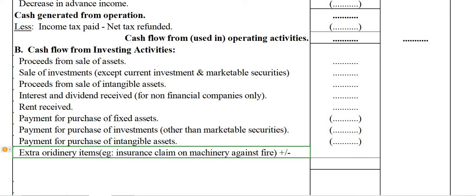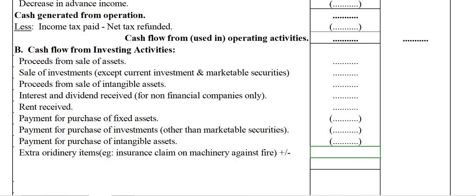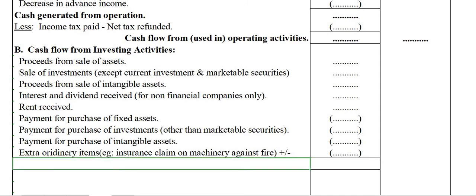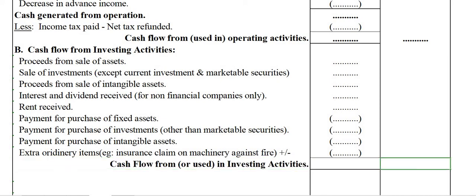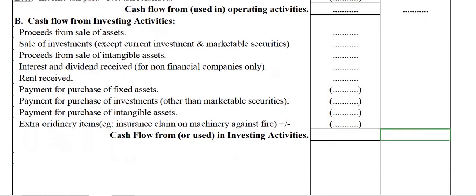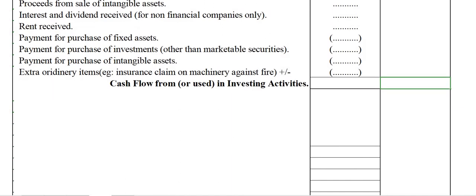If we have got damage to our machinery or any assets, that will be an extraordinary item. Okay, that loss will be mentioned here. Now we have to add all these items, then we will get cash flow from investing activities. So two activities are over. Operating and investing activities are over.